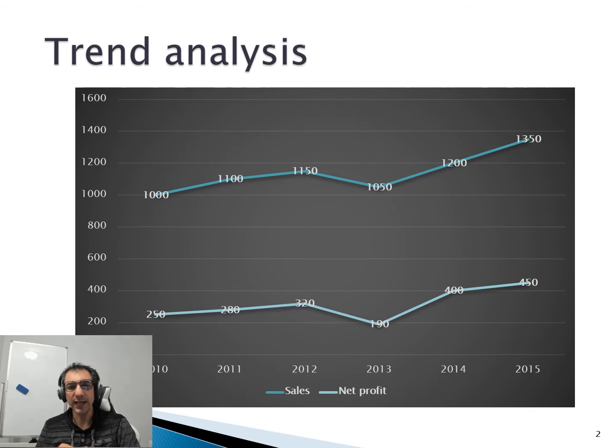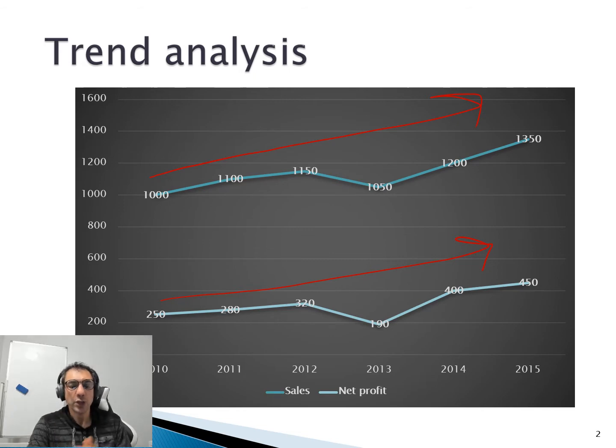So you see that for both sales and net profit, actually the trend is upward. So you see that both are going up. So it tells you that the company is increasing its sales over time. It's providing higher sales and higher net profit over time.